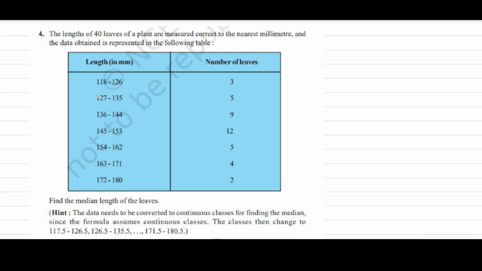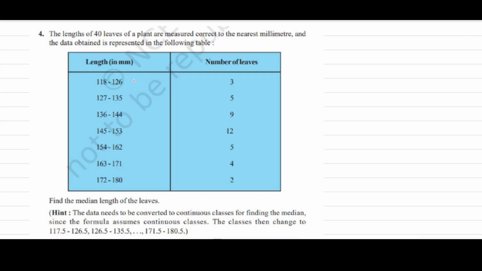So first we will have to make a continuous series. There is only one way: the hint is given as 0.5. If we move left and right by that, we will be able to find the continuous series.